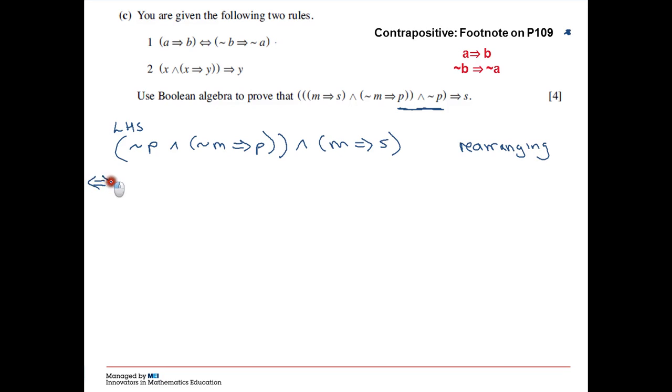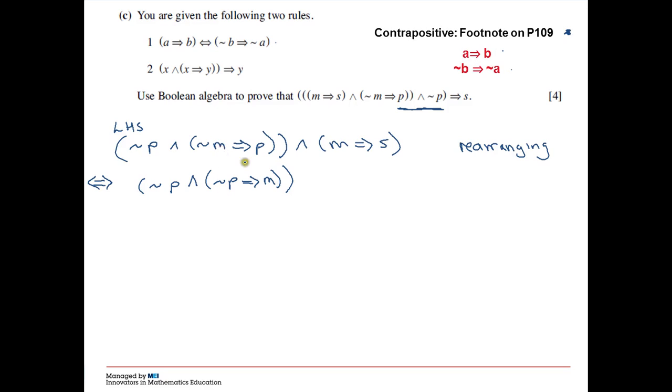Then from that, if I now use the contrapositive, if I leave my not P there and not M implies P, I could rewrite that as not P implies M. I've used the contrapositive rule in that if both of the variables become not what they were before, then we can swap the order on the implies sign.